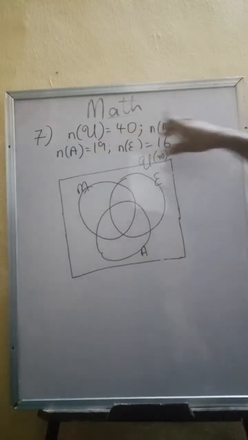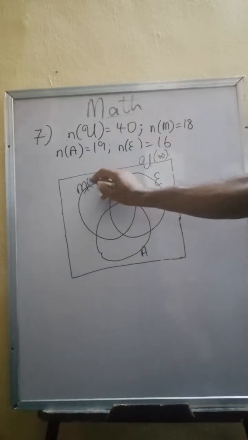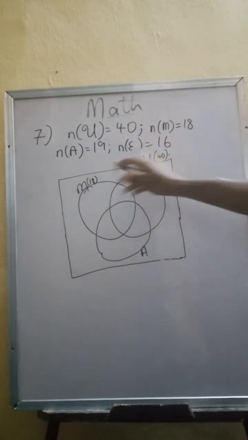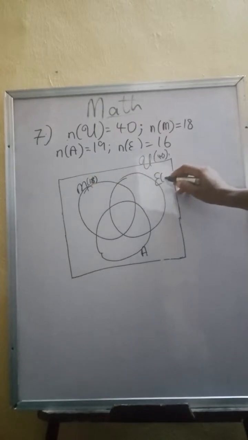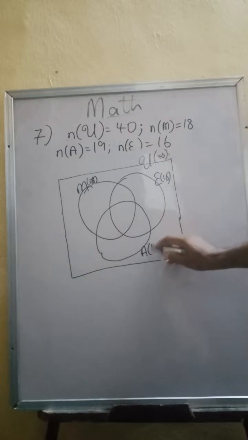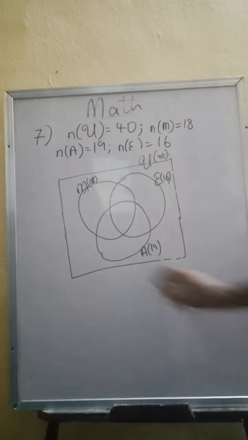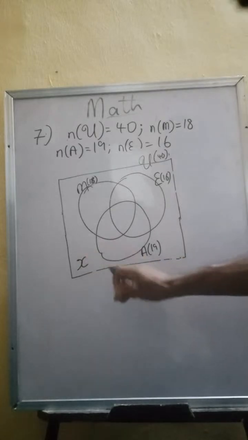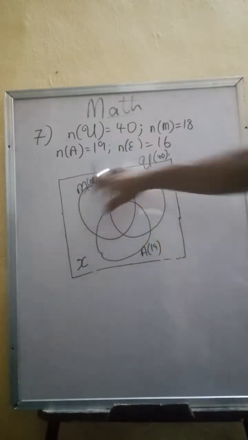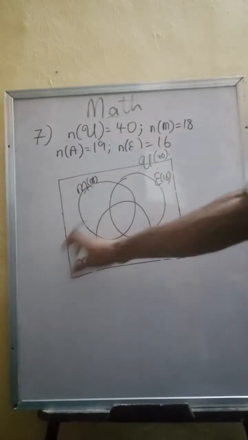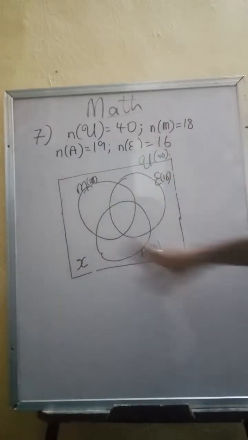The question says 19 passed maths. Let's just put it here. It's not necessary anyway, but economics, let's put the 16. In accounting, let's put 19. Now let's take X to stand in for those that filled in all of the three. These are the number that filled maths, economics, and accounts. That's why I'm writing it outside the circles, but within the rectangle.